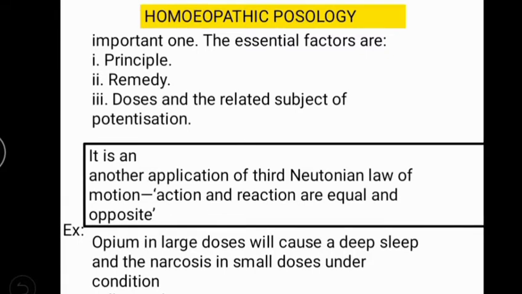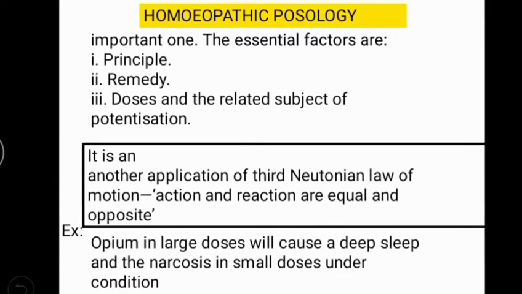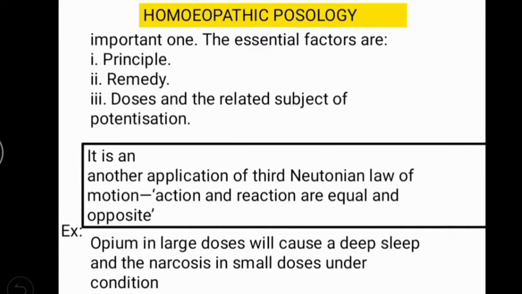Now we go towards our main topic, homeopathy posology. What does it say? Homeopathy posology is an important part of our pharmacy. Why? Because it is an essential factor.